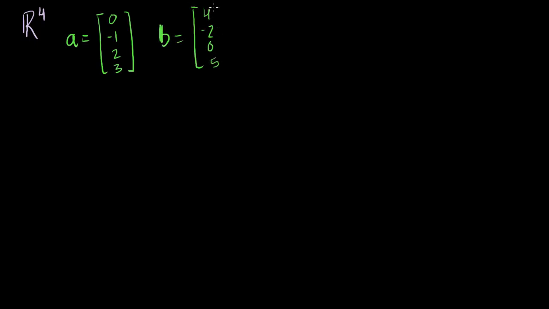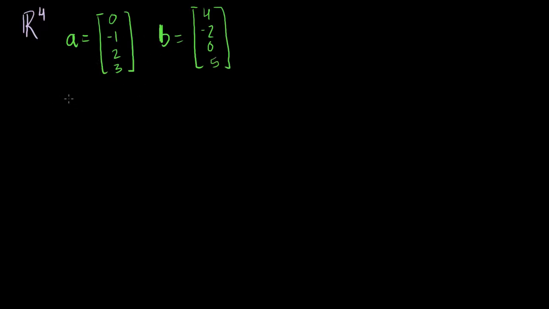Let me define vector A to be equal to 0, minus 1, 2, and 3. Let me define vector B to be equal to 4, minus 2, 0, 5. We can do the same addition and subtraction operations with them. It'll be hard to visualize, but we can keep them in just vector form, and so it's still useful to think in 4 dimensions.